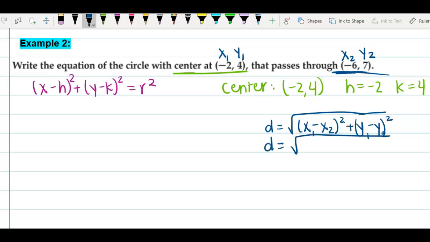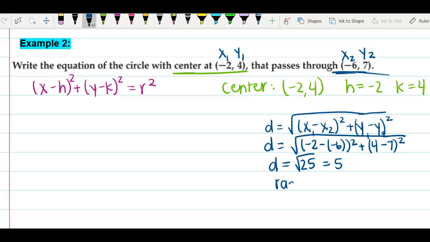I would get the square root. So let's say negative 2 minus negative 6 squared plus 4 minus 7 squared. From here, we're going to just put it all straight into our calculator. And it all simplifies down to the square root of 25, which is nicely just 5.